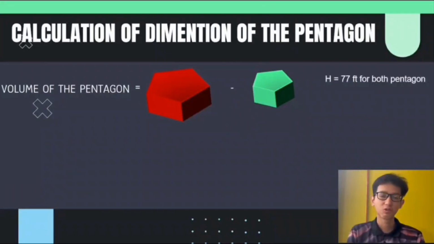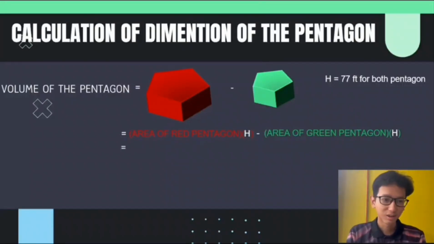Since we know the height, which is 77 feet for both pentagons, we can multiply that with the area of the larger pentagon divided by the area of the pentagon times height. Then we get 1,459,000-something, times 77.